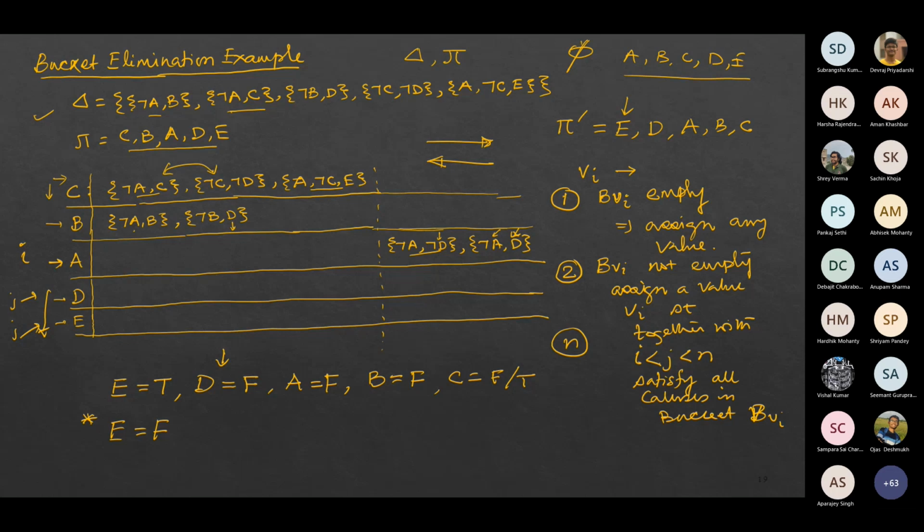So this actually ends the discussion on the DP algorithm. Now let us move our focus to model satisfiability as a search problem. So we'll be talking about SAT as search.